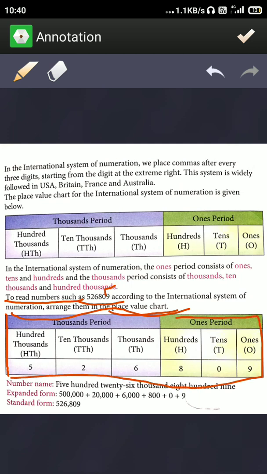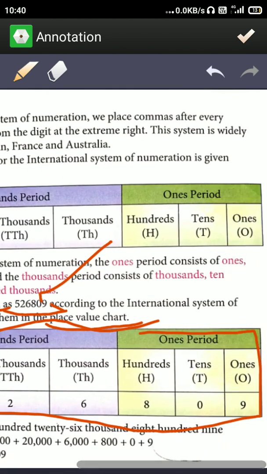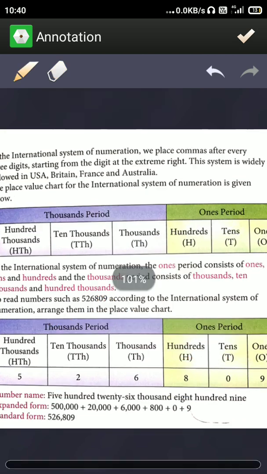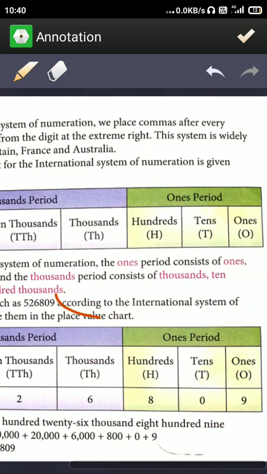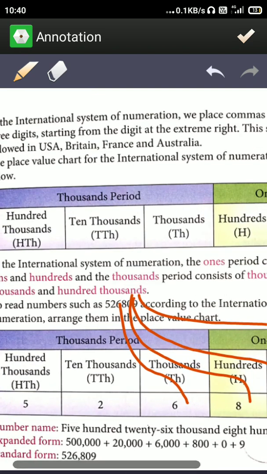So we'll first place this number in the place value chart. 9 will be here, 0 will be here, 8 will be here, and 6 will be here, 2 will be here, and 5 will be here.